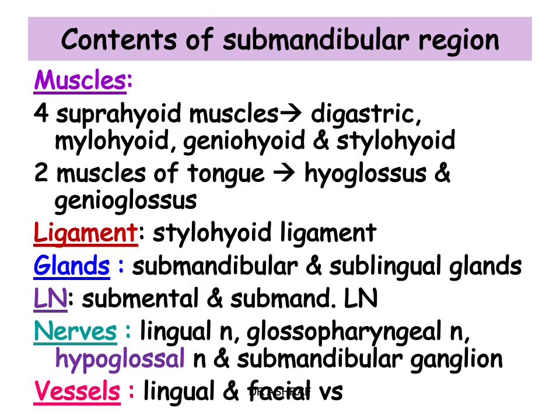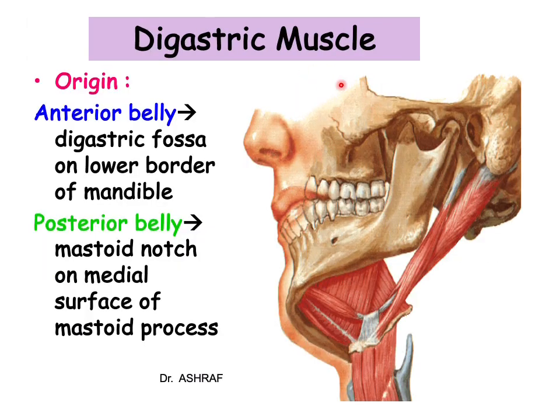Let's start with the digastric muscle. This is the digastric muscle, and we have two bellies. The first, the anterior belly, comes from the digastric fossa of the mandible, and the posterior belly comes from the inner, medial surface of the mastoid process.